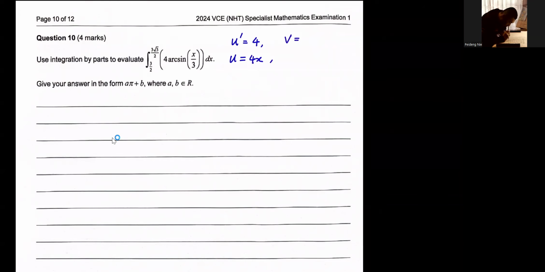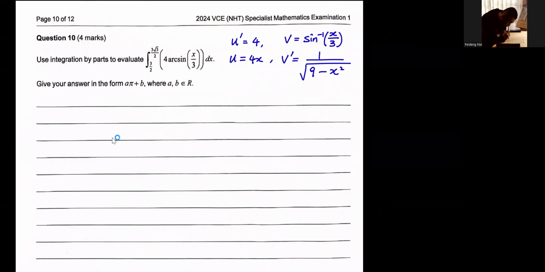Then your v is sine inverse of x over 3. So v dash is 1 over the square root of 9 minus x squared. And you don't have to put a 3 here, okay? It's not like arctangent, it's sine inverse, arc sine, okay?